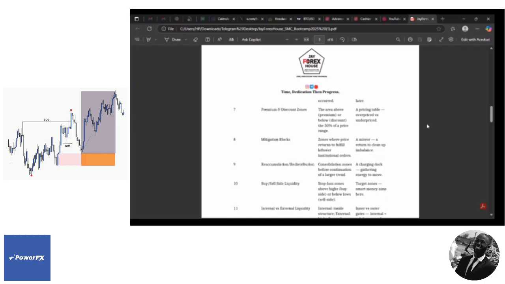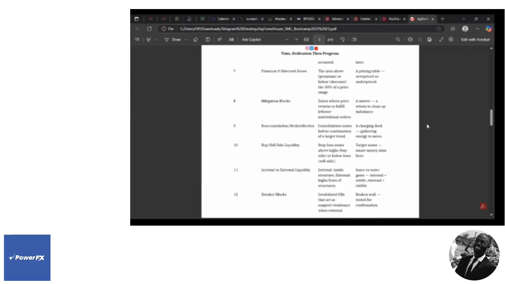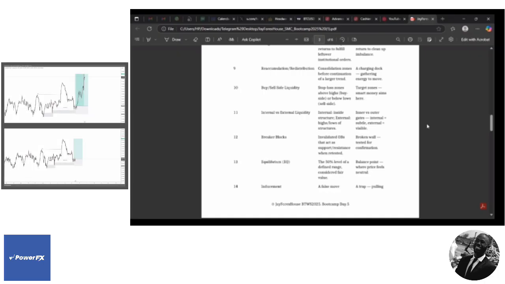If you go further, you find premium and discount, mitigation block, reaccumulation, sell side liquidity, internal structure, external structure, which is what we're going to be looking into today.